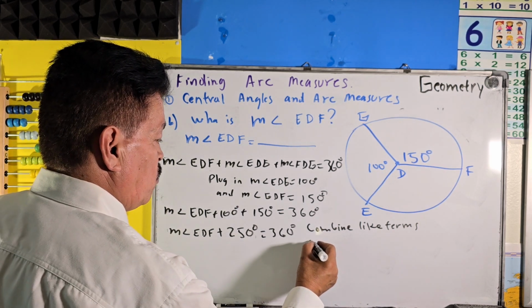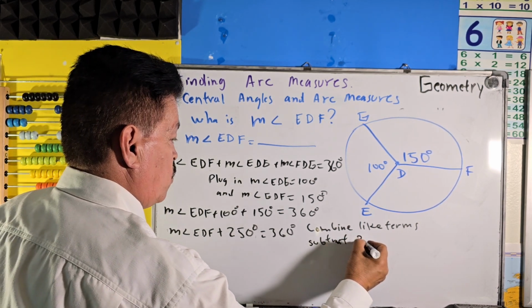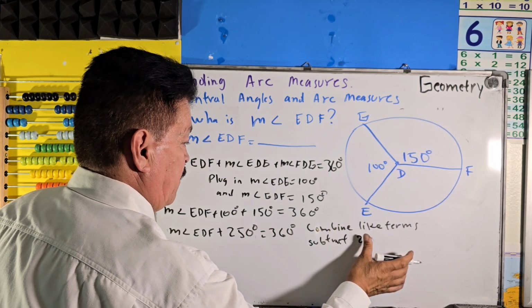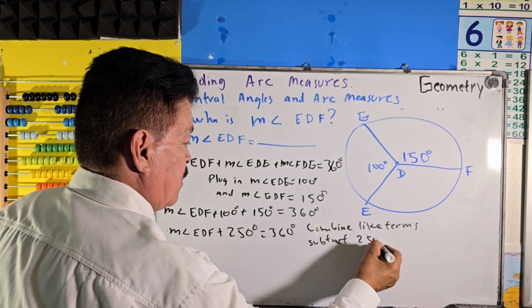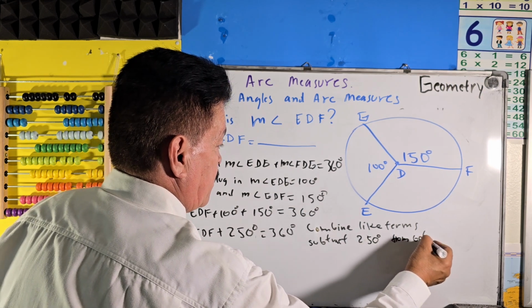Now we have to subtract 250 degrees from both sides.